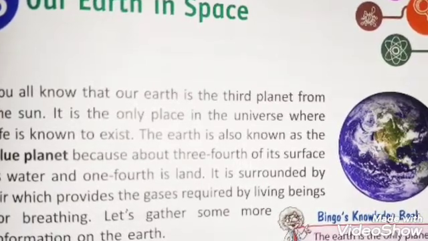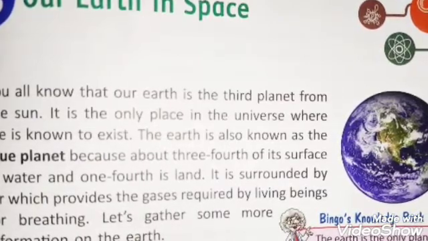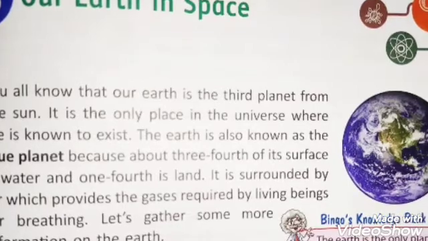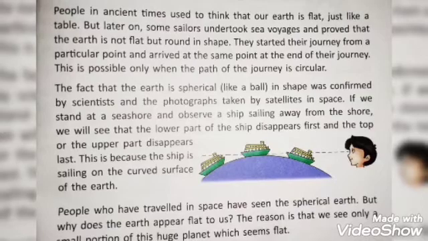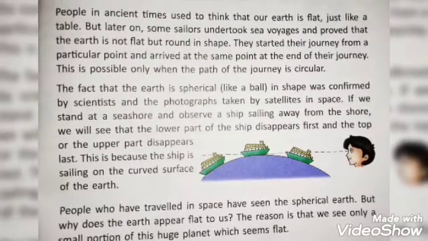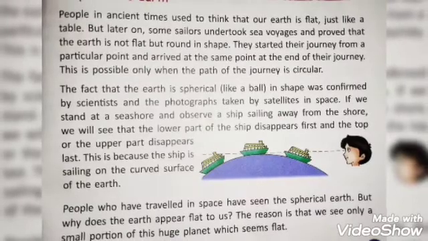They started their journey from a particular point and arrived at the same point at the end of their journey. This is possible only when the path of the journey is circular.